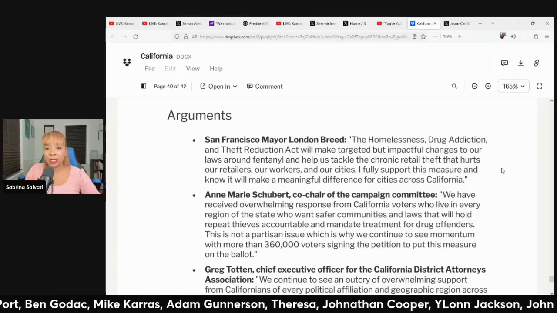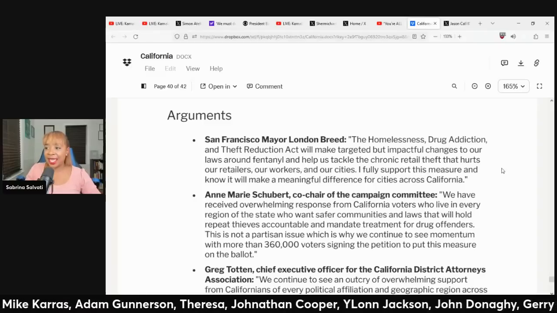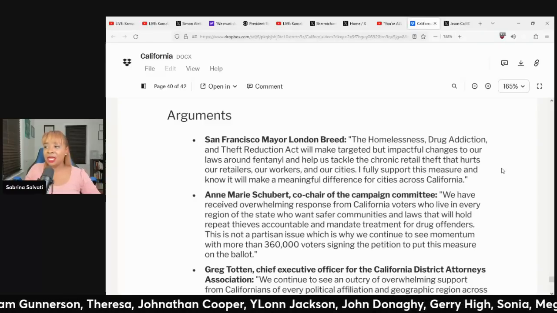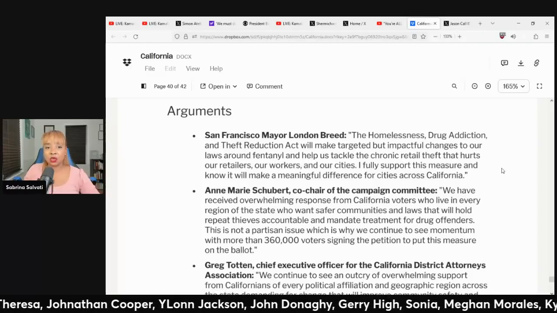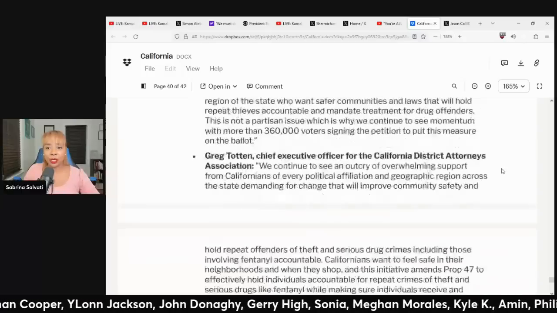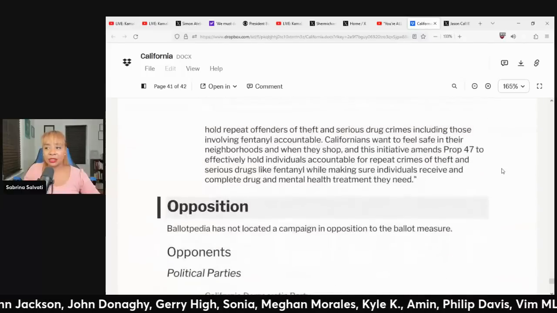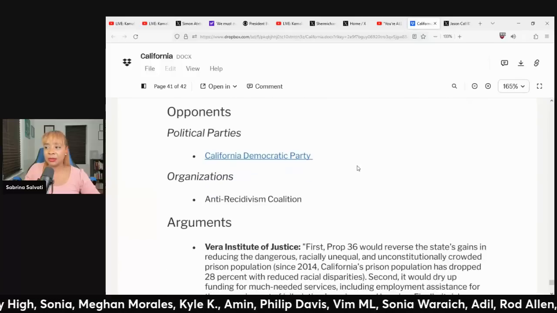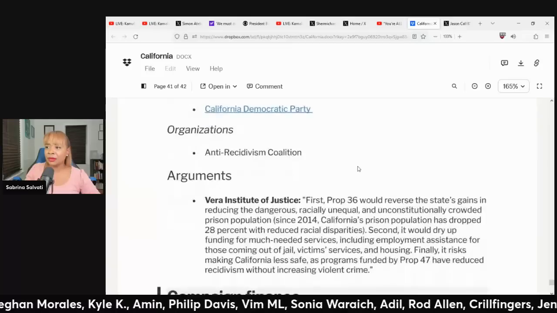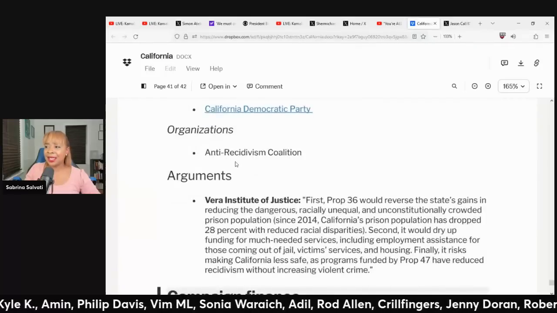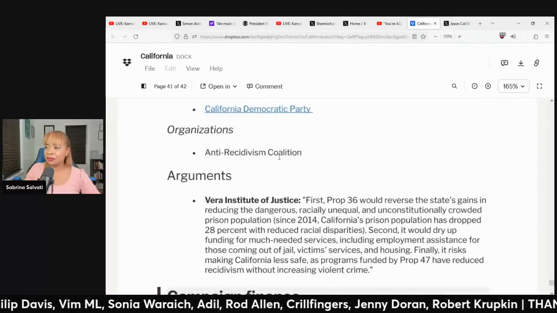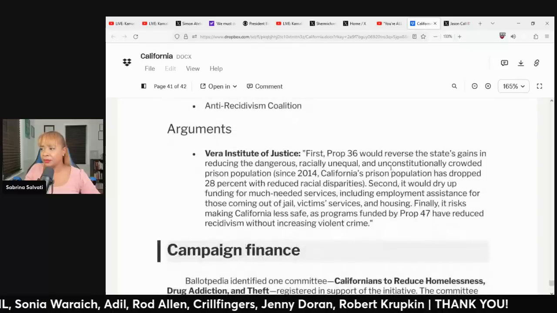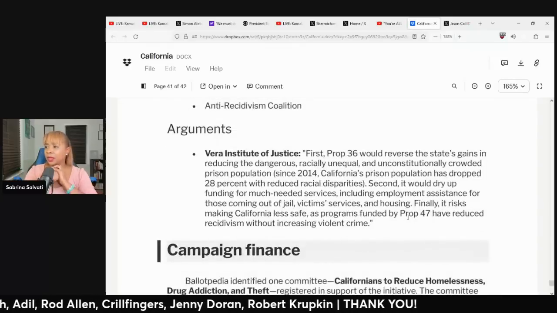I fully support this measure, and I know it will make a meaningful difference for cities across California. Interesting. Who opposes it? California Democratic Party and Anti-Recidivism Coalition in California.